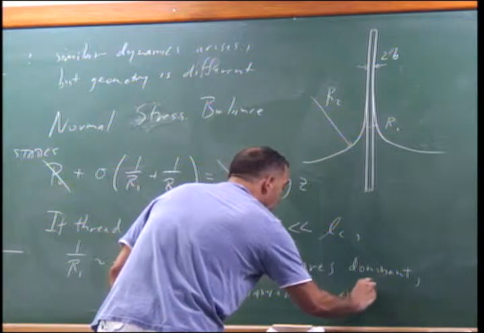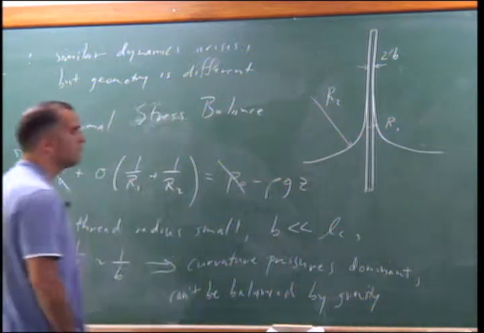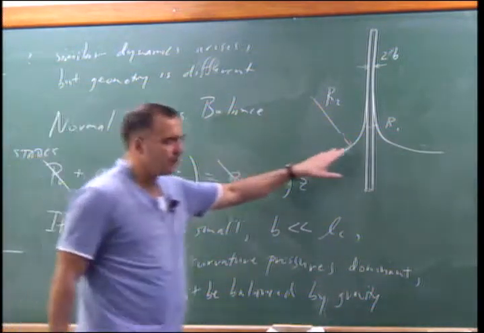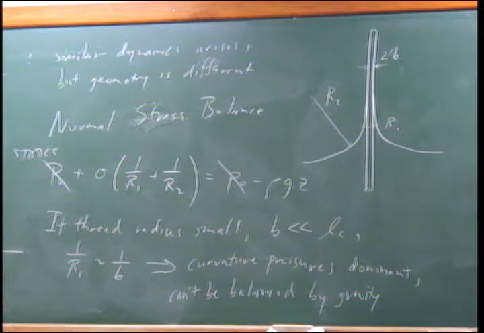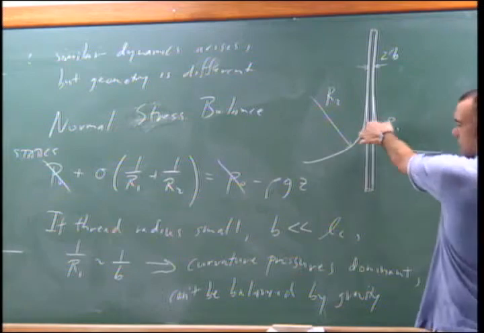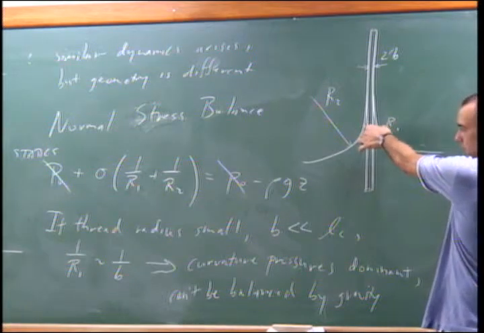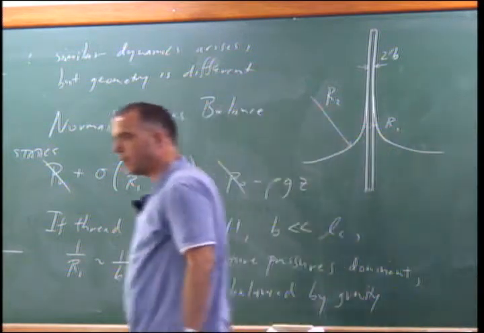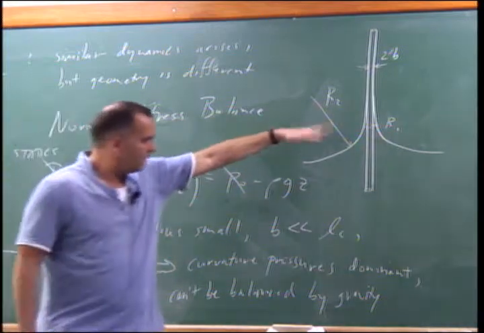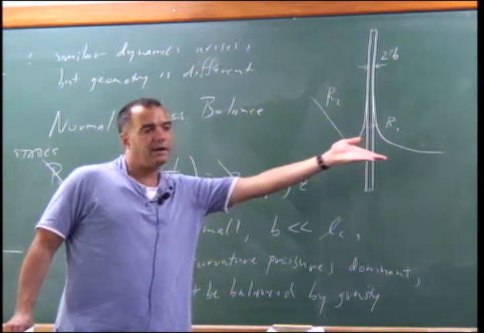Okay, so there is always a shape which has zero mean curvature, and that's a catenoid, right? If you have a very thin fiber, then this radius of curvature is so high that the only way it can be balanced is if this assumes the shape of a catenoid.